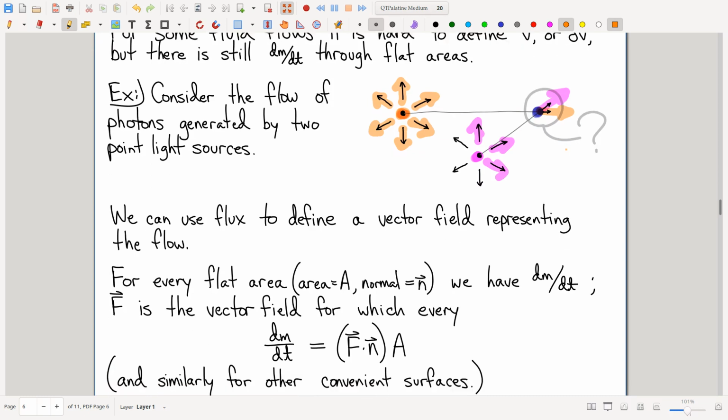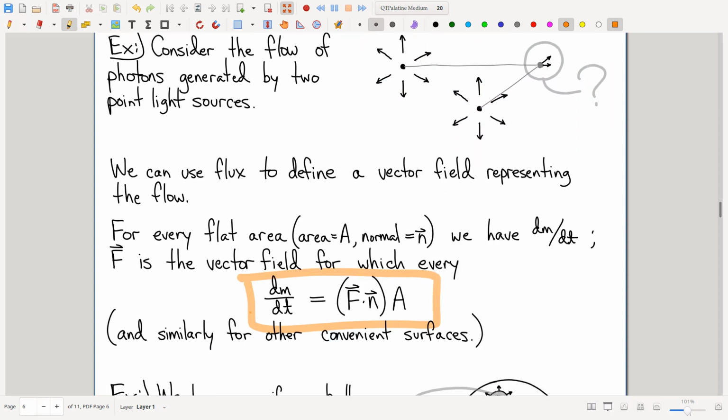And the big idea is to use this formula from the previous page. We're just going to kind of use this formula backwards. What we previously did is, assuming we know the vector field that represents the fluid flow, then given an area and a normal vector, you can use this formula to compute the flow rate. That's what we did on the previous page.